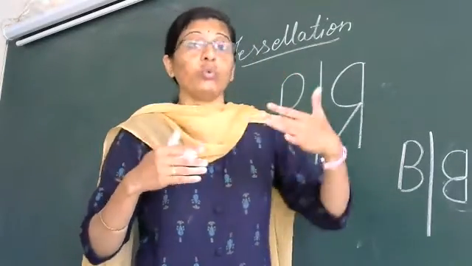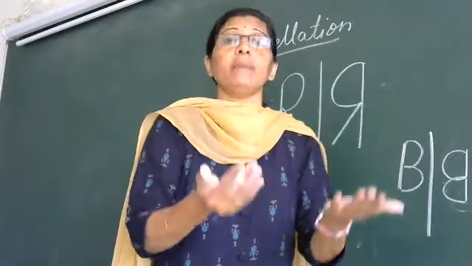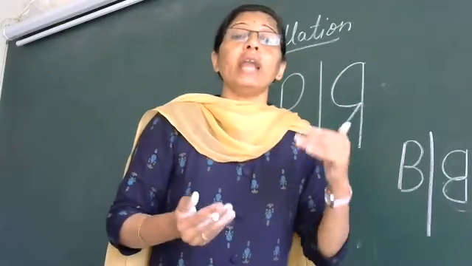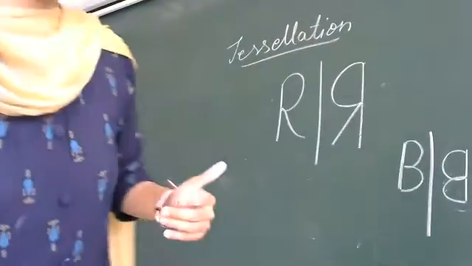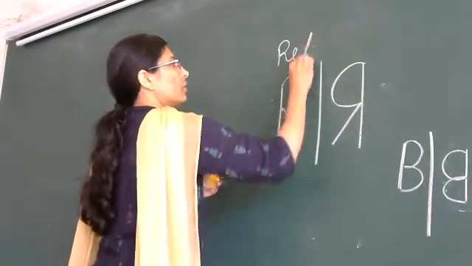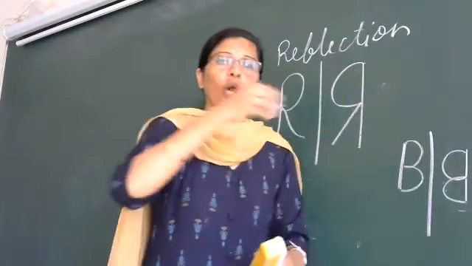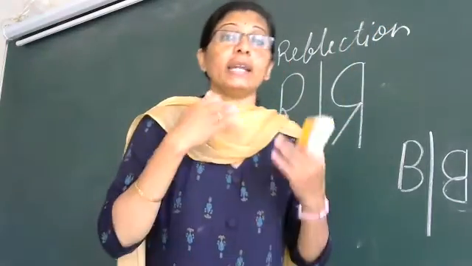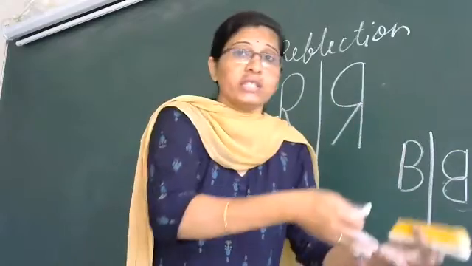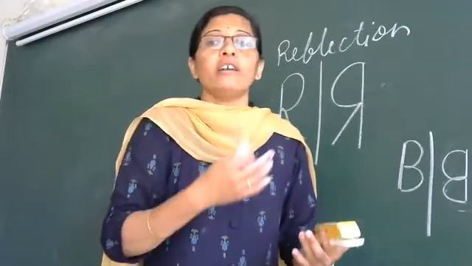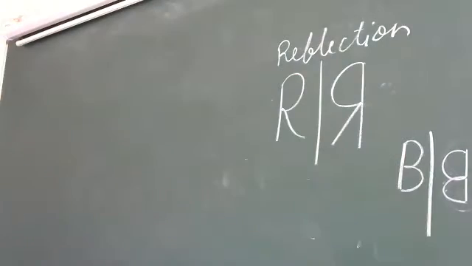So what we see as an image in the mirror, that is a reflection. What is it? Reflection. Yes, reflection. Whatever we see in the mirror, that is our reflection. We are not standing there. That is our image. So, what is reflection?